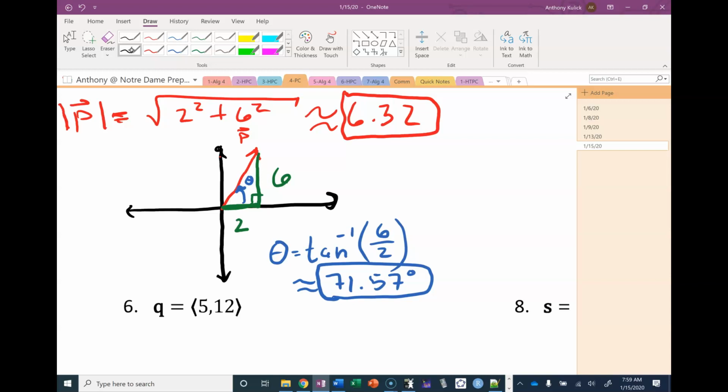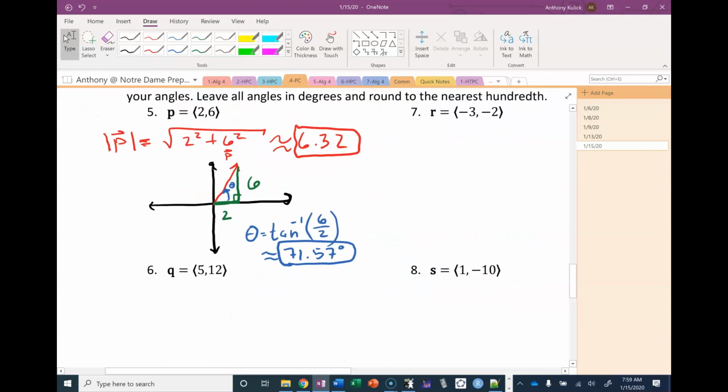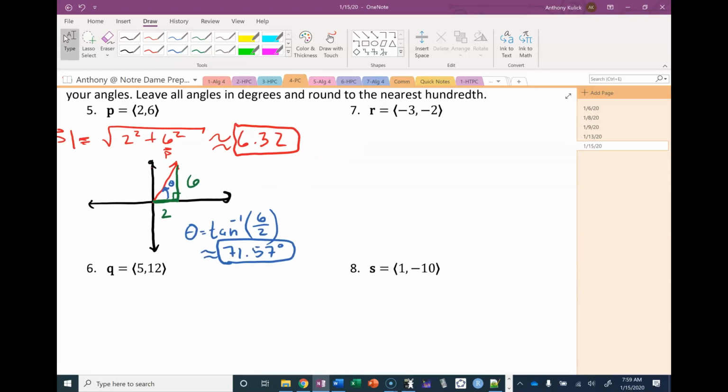Where does the direction get a little bit tricky? Yeah, if you're not finding the direction in the first quadrant, it's a little bit tricky. So let's look at, say, number 7. We're just going to find the direction here. I'm going to leave the magnitude for you guys. This one's trickier because the vector is not in the first quadrant. If I graph -3 over and then 2 down, my vector r is here, right?